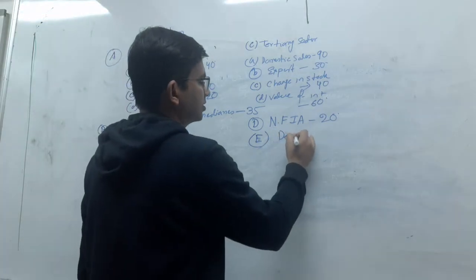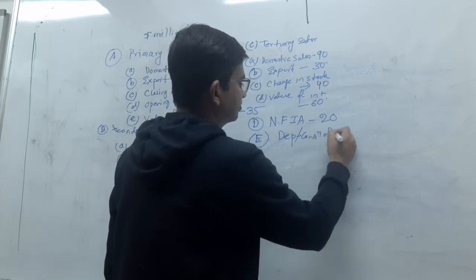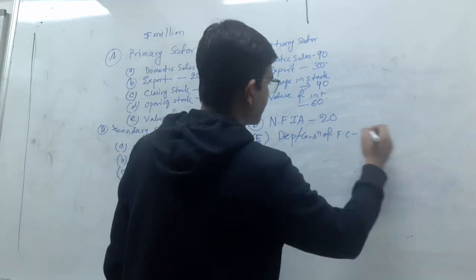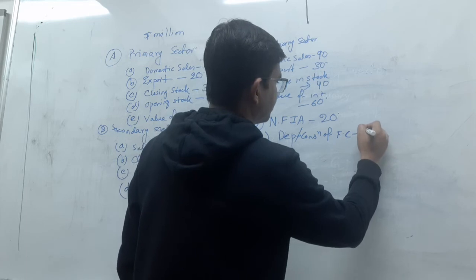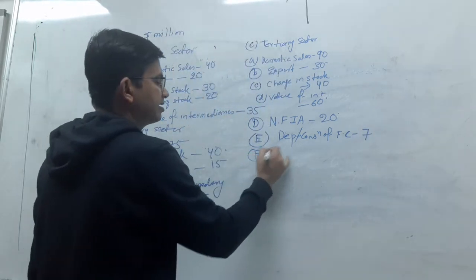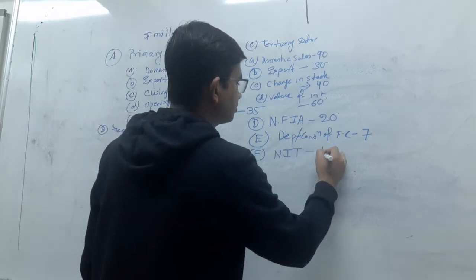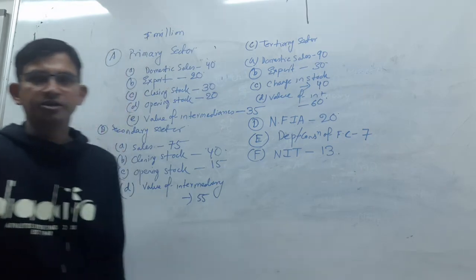The value of depreciation, or the consumption of fixed capital, is 7. And net indirect taxes equals 13.